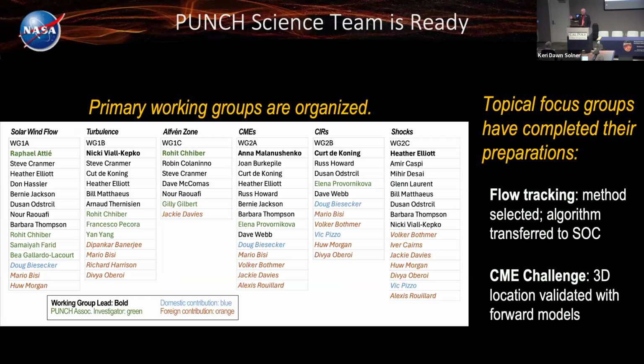I want to thank Sarah and our working group leads. We have 6 working group leads written in small print. That's Raphael Atier, Nikki Weil, Rohit Chhibber, Anna Molyneux-Schenko, Kurt DeKoning, and Heather Elliott. And 2 of them are co-led. Raphael and Steve Cranmer are leading the group on Solar Wind Flow.